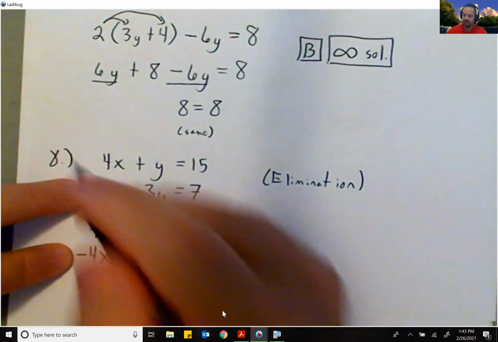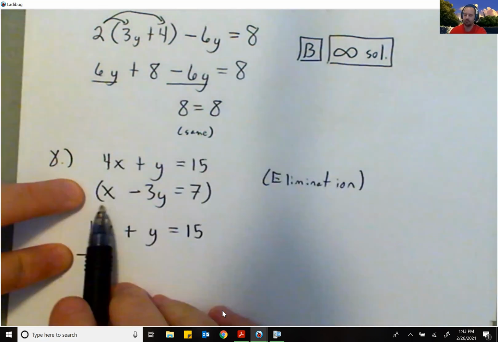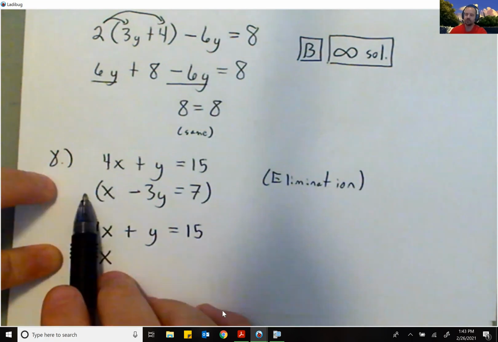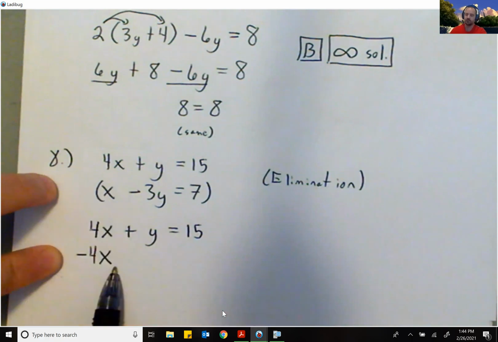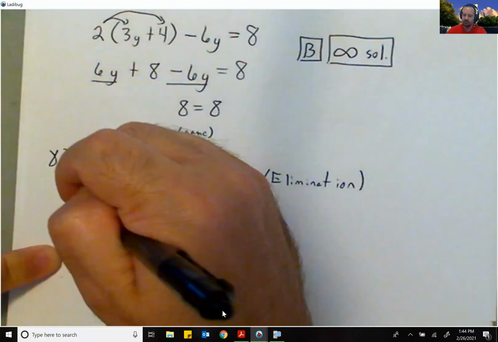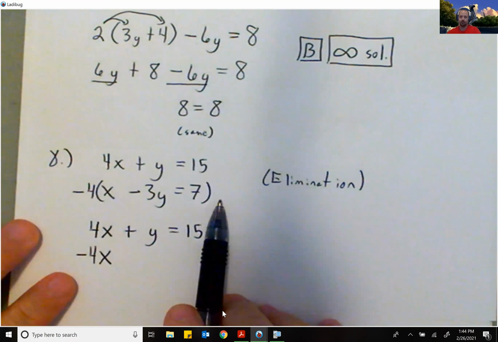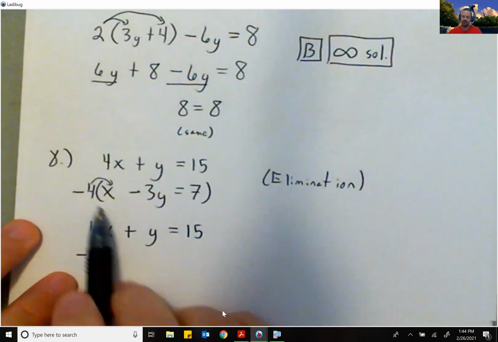So that means we need to multiply this equation by some number that will give me -4. So what times x gives me -4x? -4. So this entire bottom equation is going to get multiplied by -4. So we already know -4 times x is -4x.